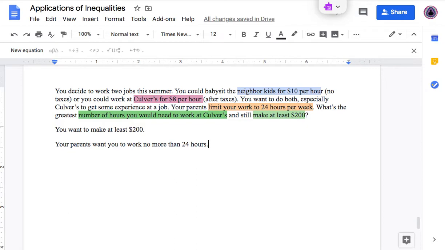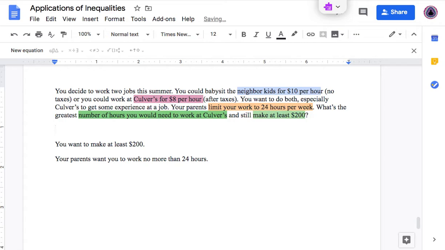Anytime you have a situation where you have to fit both requirements, that creates a system. We're going to write an equation for each of these requirements, then use those equations to become inequalities, and then to graph.